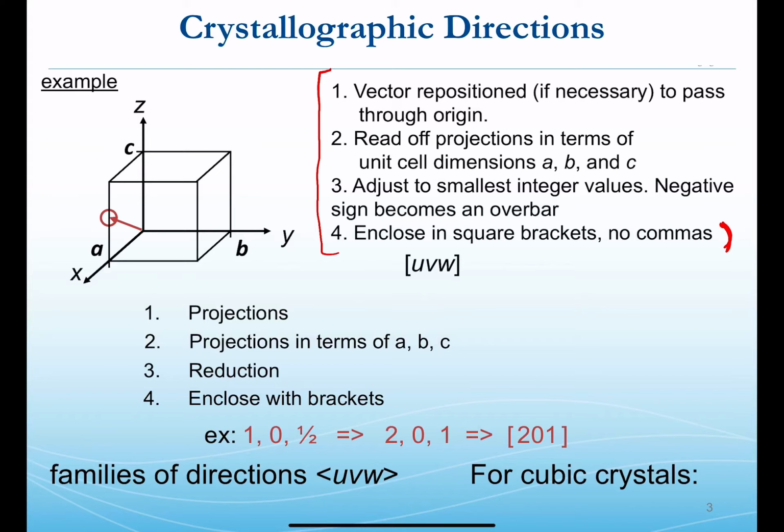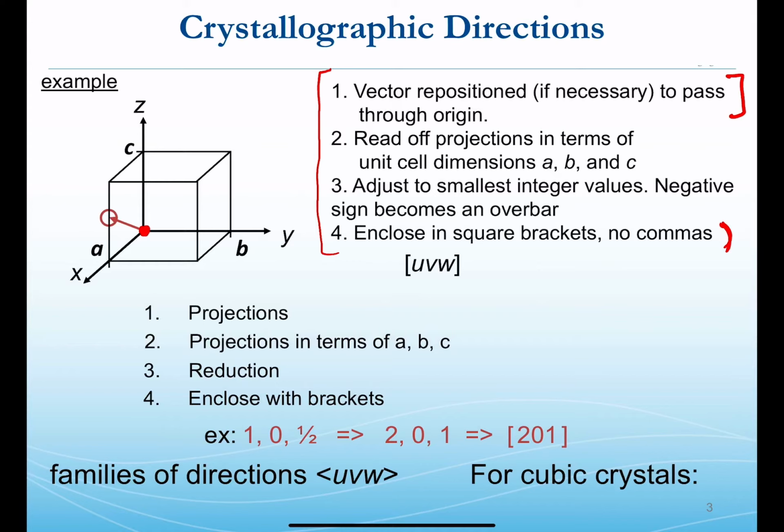Step 1, we're going to inspect the vector in our cell of interest, and we need to ensure that the beginning of that vector, that is not the arrowhead, the beginning of the arrow, is crossing through the origin of our Cartesian coordinate system. We see that here with my big red dot that I've filled in. So the beginning of the vector crosses through the origin.